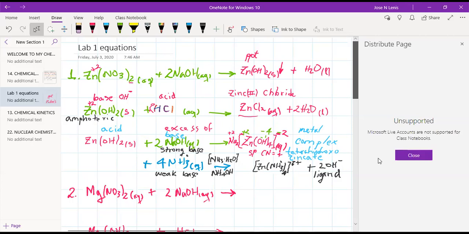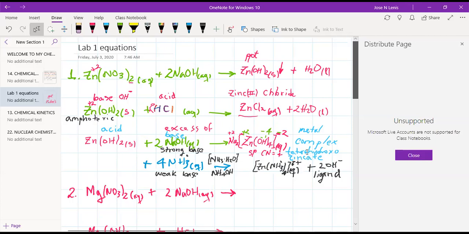All right. And this is soluble. Aqueous, soluble. Dissolves in water.